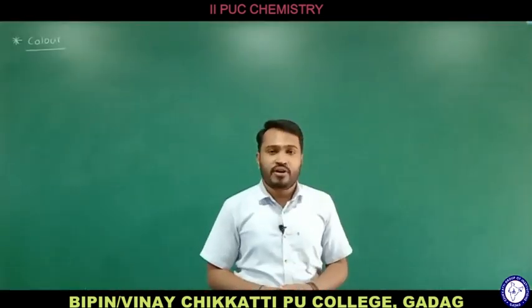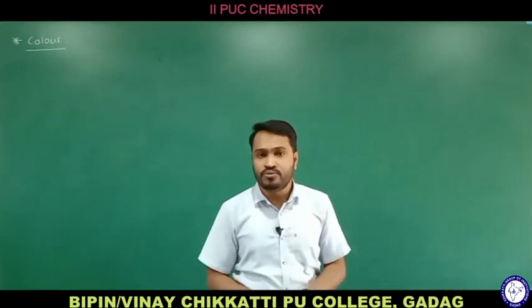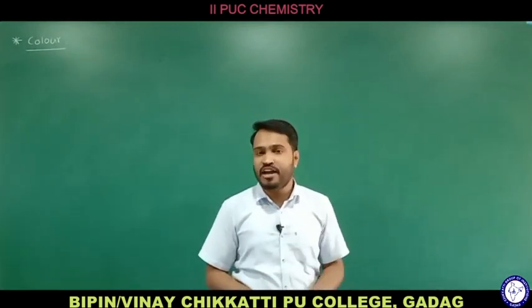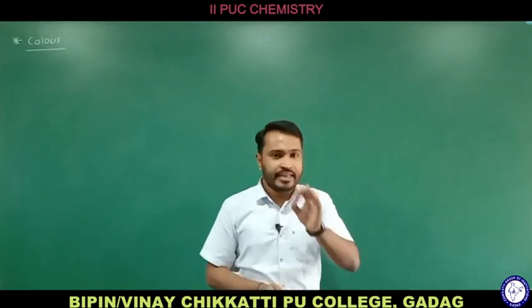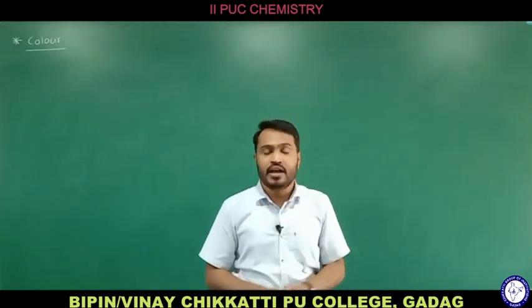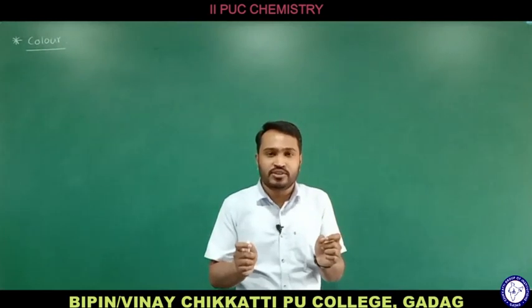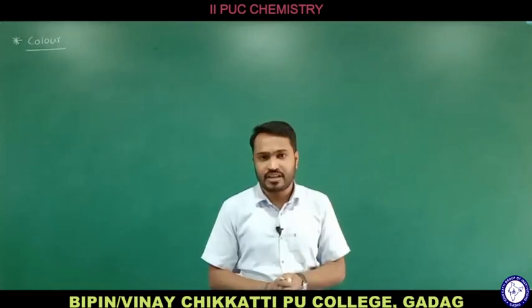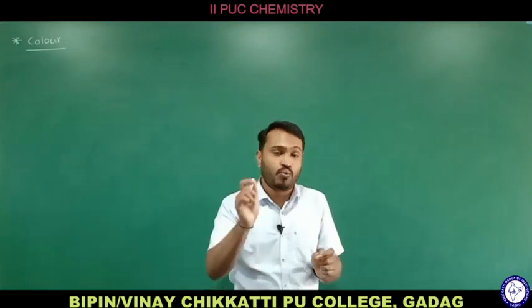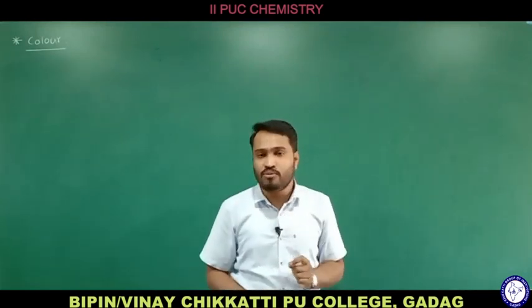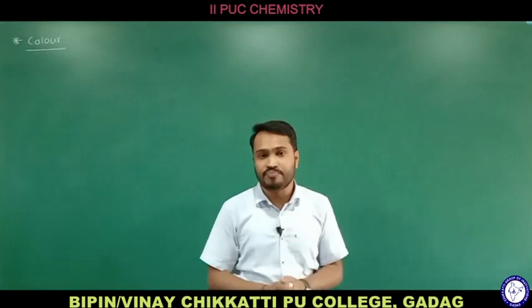One physical property of a coordination compound which is not explained by valence bond theory but is explained by crystal field theory is color. Coordination complexes possess color. According to crystal field theory, we have the explanation of why coordination complexes possess color.